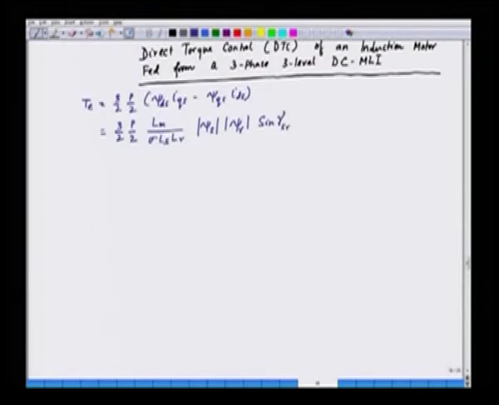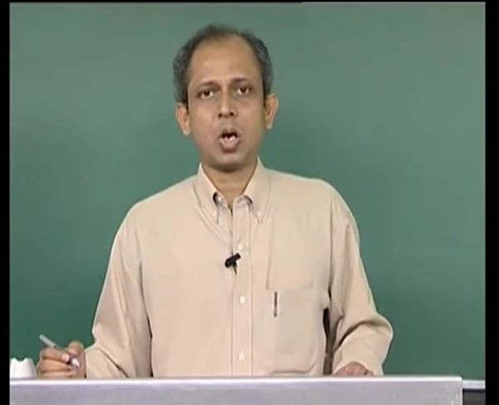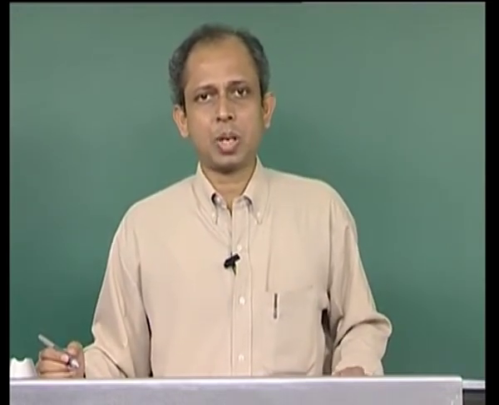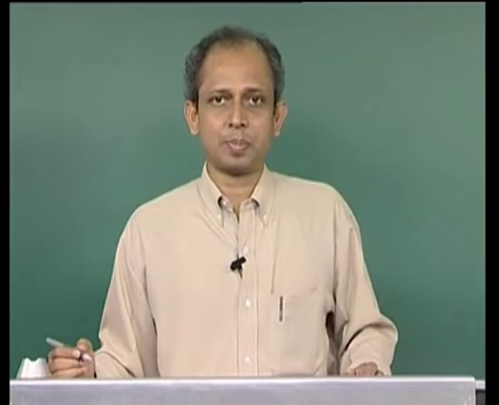This is a very fundamental torque equation which will help us understand direct torque control of induction motor. Here the torque is proportional to the amplitude of the stator flux, the amplitude of the rotor flux psi r, and the sine of the angle between them.